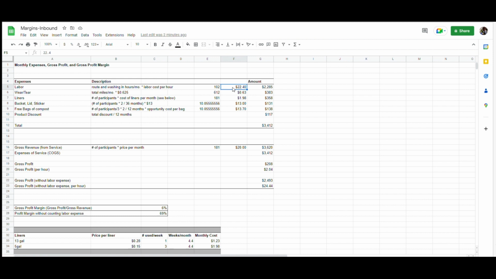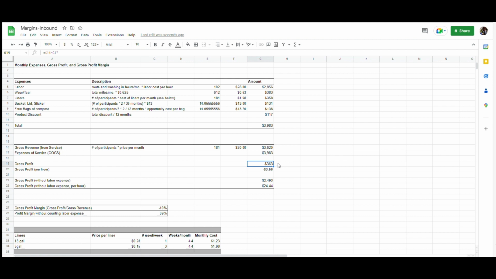So now this spreadsheet's very helpful. I see what happens if I do hire someone at 28, or I hire them at 20, but it costs me $28. I change that to 28. It changes my labor cost, which adds to the total expenses, right? And then the gross profit is now negative.